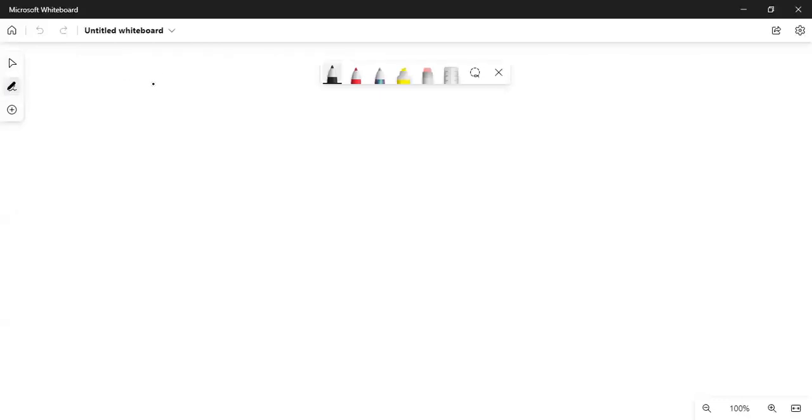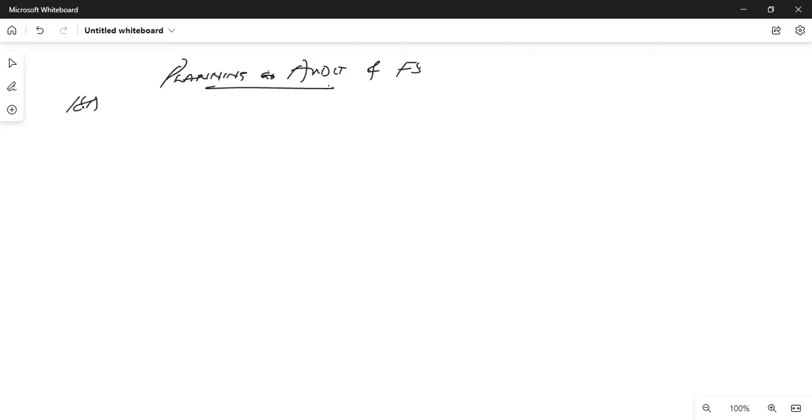So we look at audit planning: planning on audits of financial statements. And the audit standard that we're going to focus on is ISA 300. ISA 300 talks about planning an audit of financial statements.